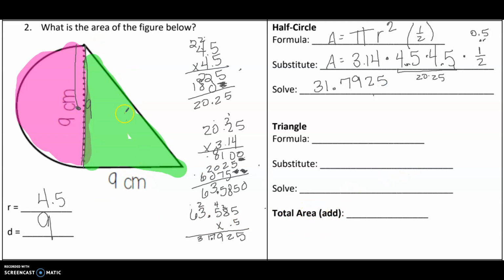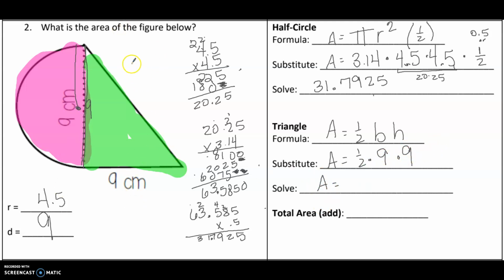Now for the triangle, considerably easier. Formula for a triangle, A equals 1/2 base times height. Substituting in, our triangle is an equilateral triangle with sides 9 and 9. So 9 times 9 is 81.